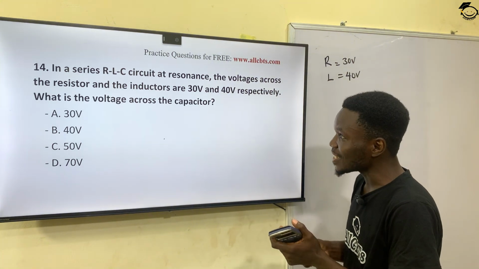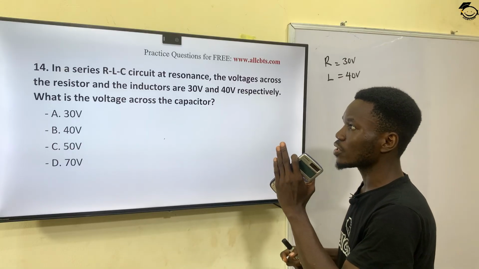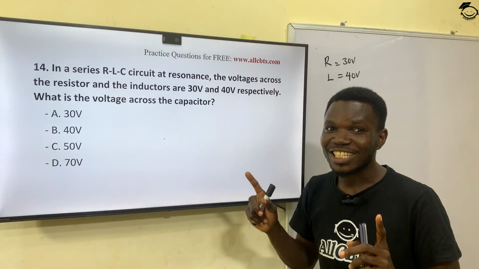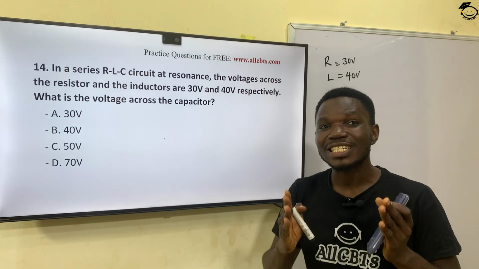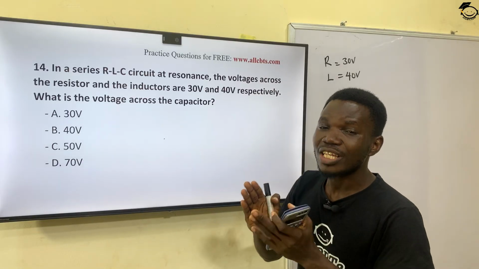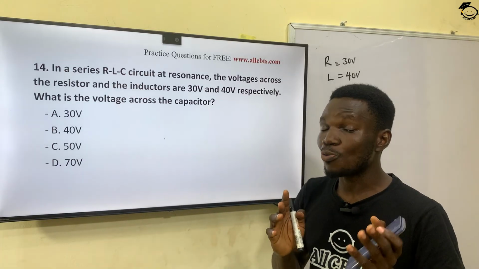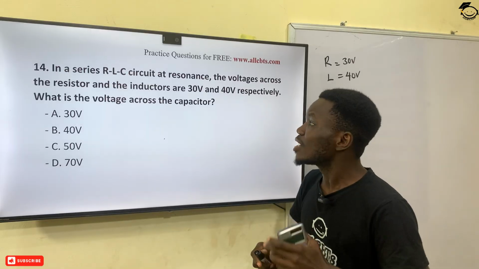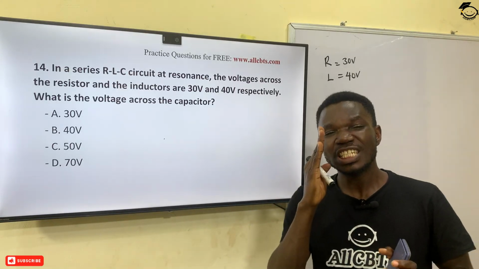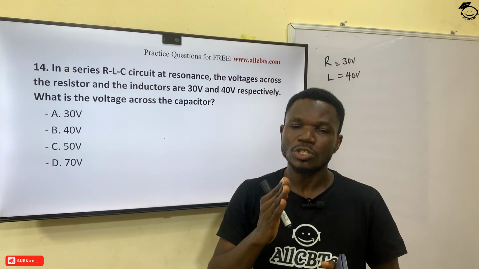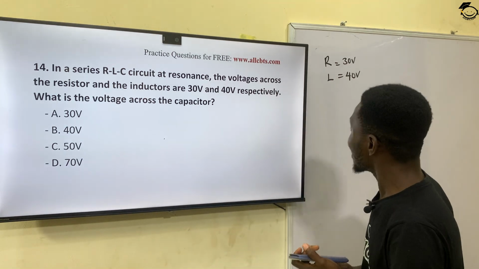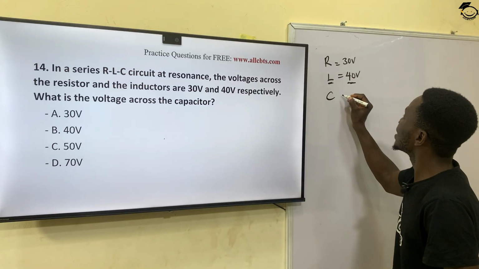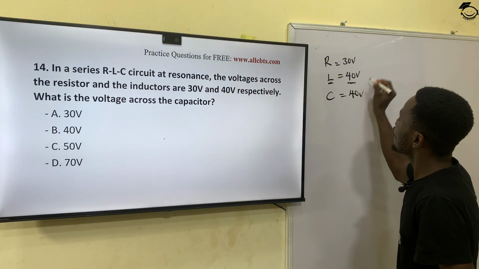Now remember in the question they said this is an RLC circuit in series, and also that it's at resonance. At resonance, your capacitive reactance is equal to your inductive reactance. So the voltage across the inductor is also equal to the voltage across the capacitor. With that said, if my inductor has a voltage of 40 volts, automatically the voltage across the capacitor will also be 40 volts.